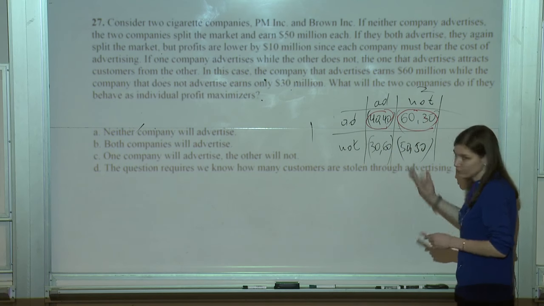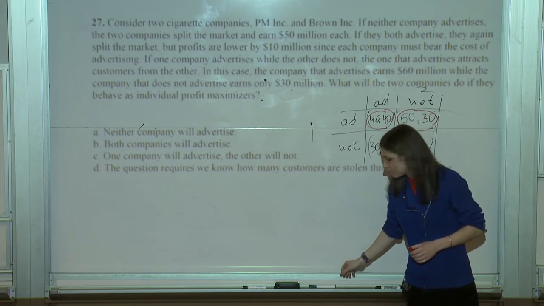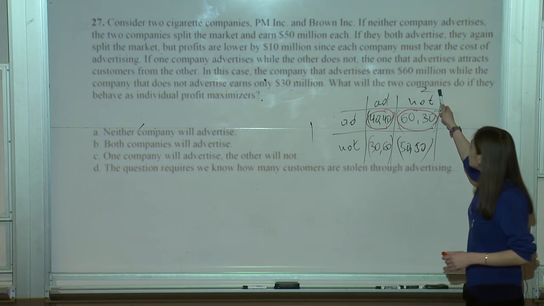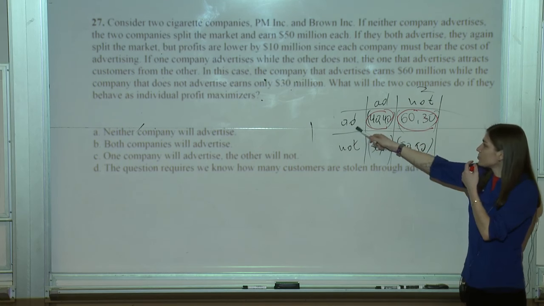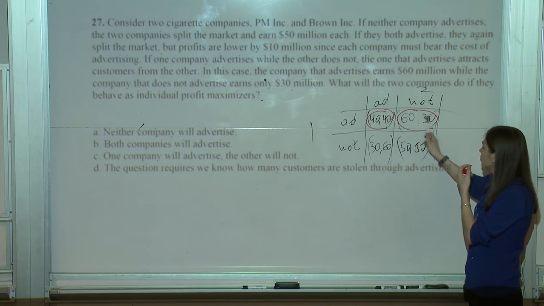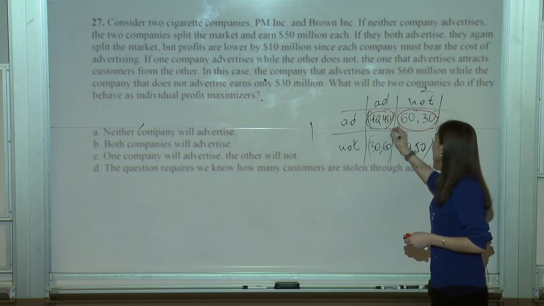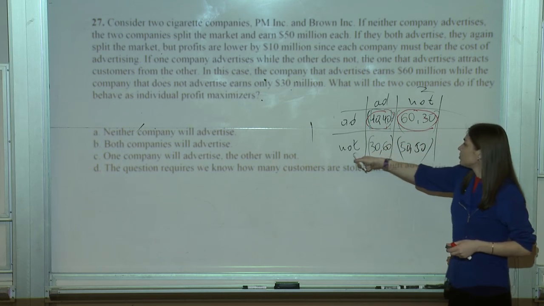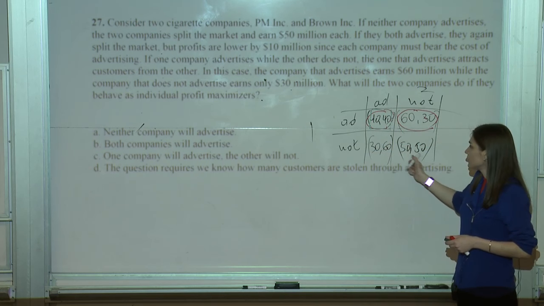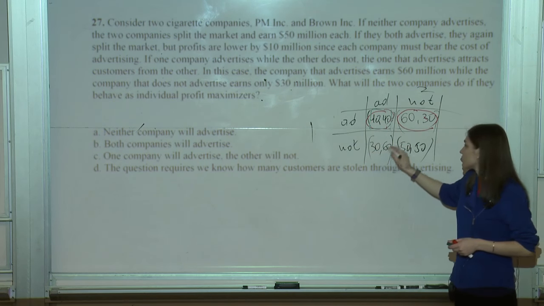And you can see the same is going to happen with the other firm, right? Now, from two's perspective, if one advertises, what do I do? Advertise, because it's 40 versus 30. And if one does not, 60 versus 50, again advertise.